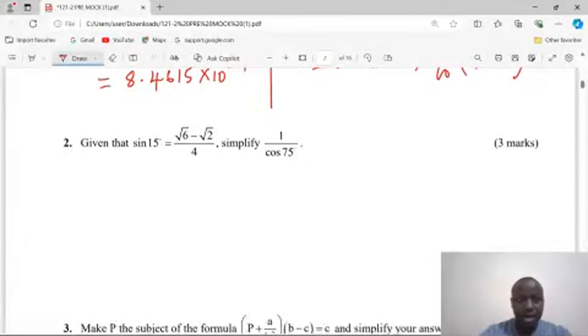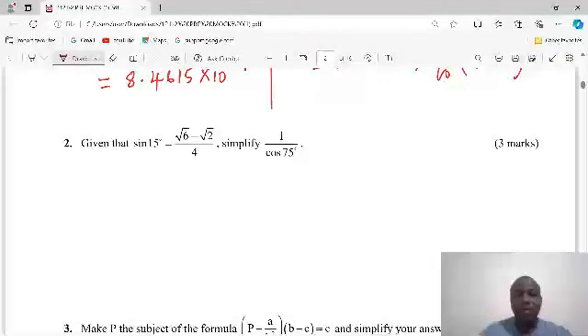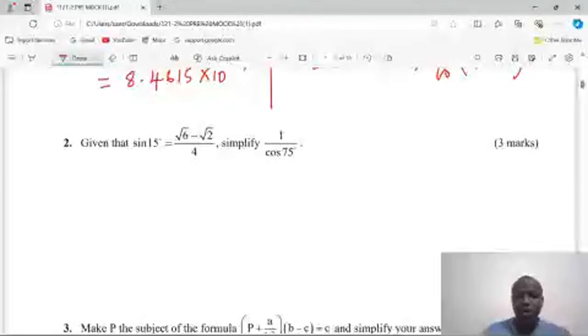Number 2, given that the sine of 15 equals root 6 minus root 2 divided by 4, find 1 divided by the cosine of 75. So we are going to handle surds, and at the same time, we're going to handle trigonometry.